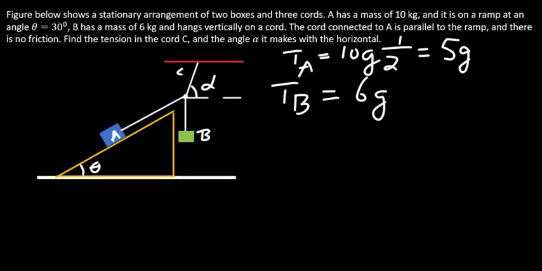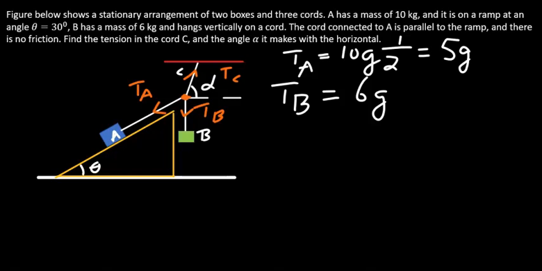Next, let's look at this point where all the cords are connected. So you have tension here in that cord, TC. You have tension here, TB. And this tension is TA. As far as this connecting point is concerned, TA goes like that and TB goes downward.